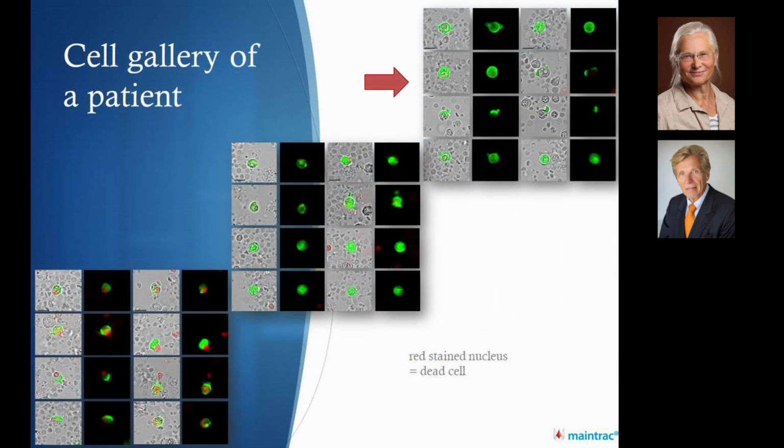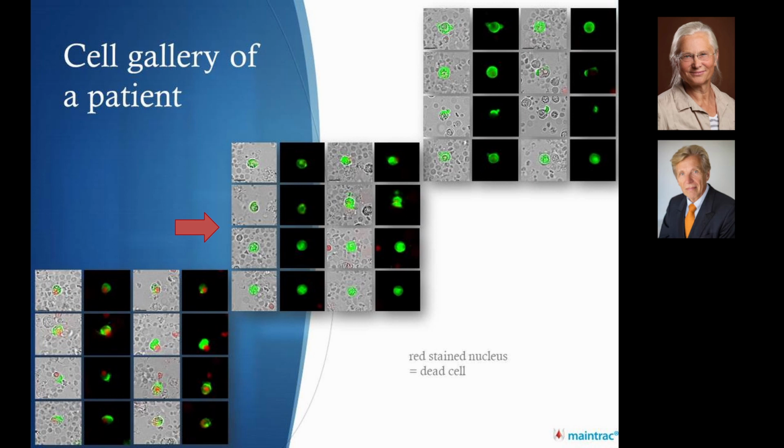Here, once more, is the differentiation and gallery of one single patient, with the living cells on the right upside. We have to look for a nucleus, a nice nucleus visible. Then there are cells which are already in the process of dying or have died and have lost their DNA.